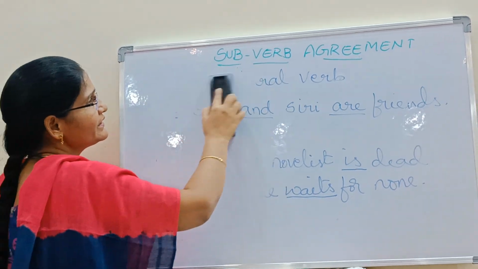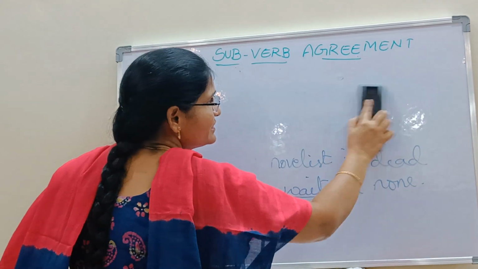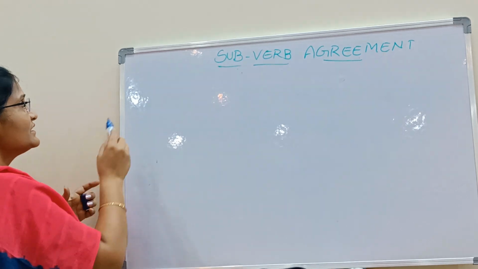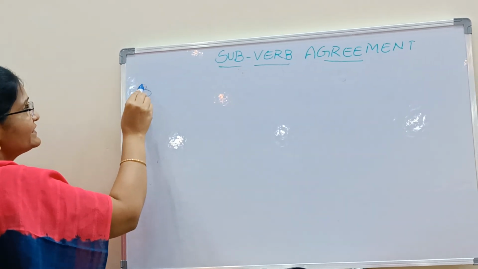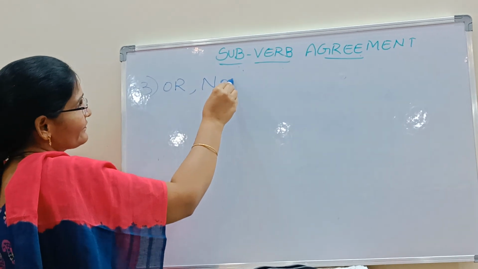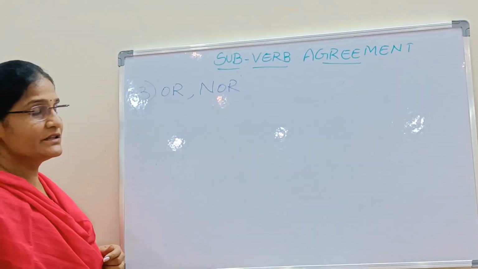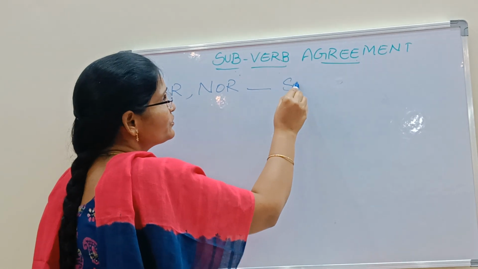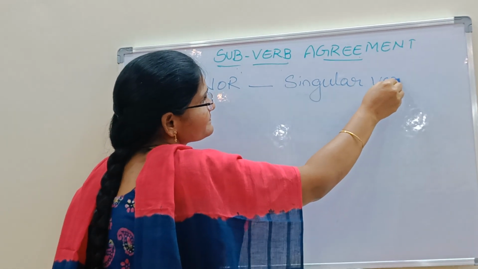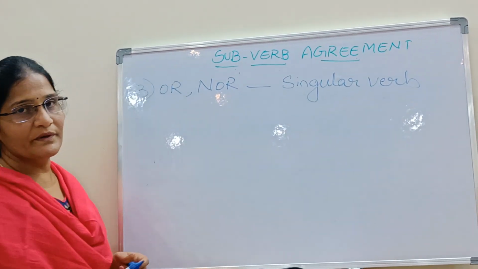The third rule is about another conjunction, that is "or." Many times we use the connector "or" also. So "or," "nor," these two. Whenever we use these two, which verb do we have to use? We have to take the singular verb itself.